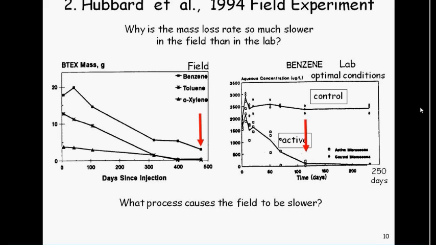So what supplies oxygen to the BTX plume in the field? Dispersion, maybe a bit of advection. Dispersion is a slow process. So we're sort of stuck in the field situation with a slow process, usually being the rate controlling step.